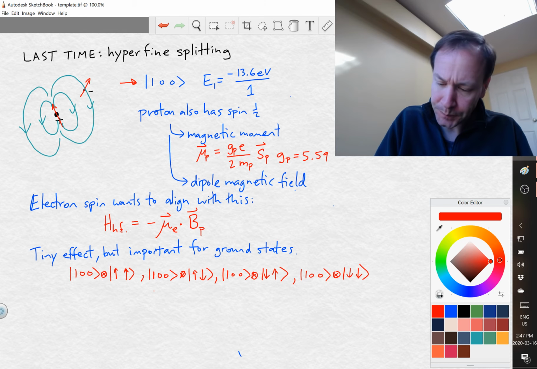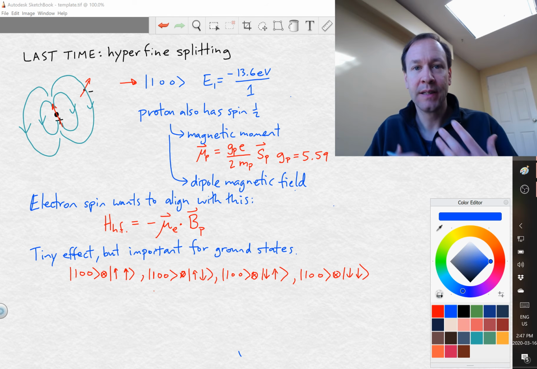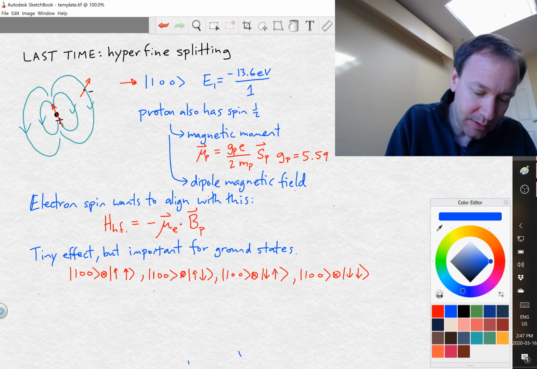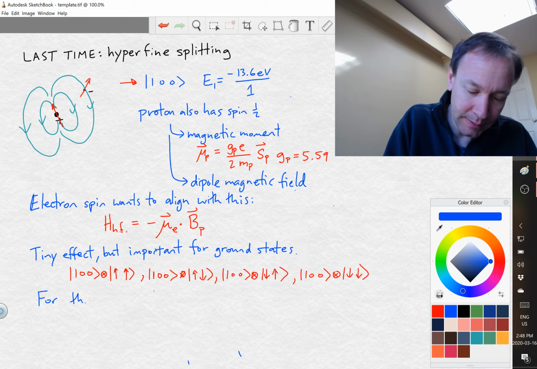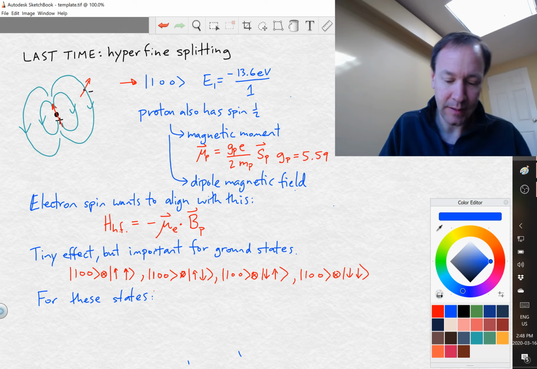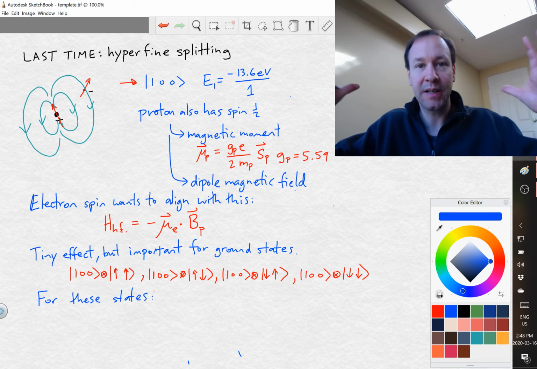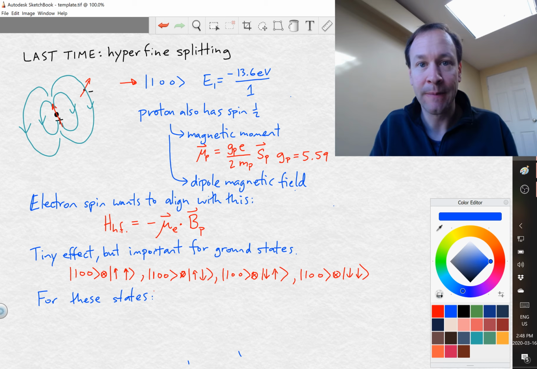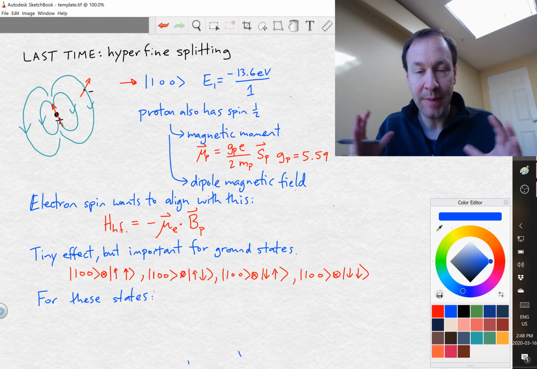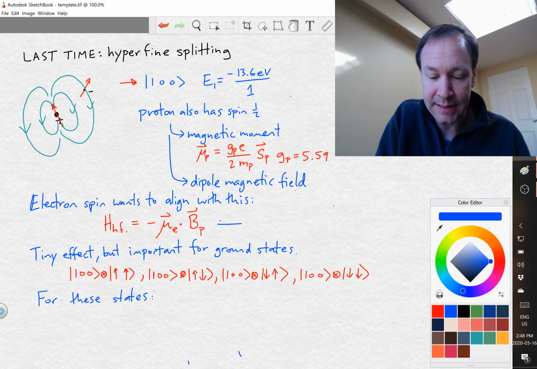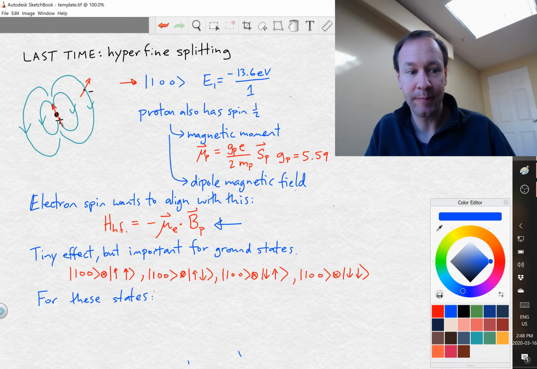And so the method is the same as usual. So what we want to say is, for these states, we have 4 states and we want to compute this 4x4 matrix of matrix elements for our perturbation, which is in this case this hyperfine splitting Hamiltonian.